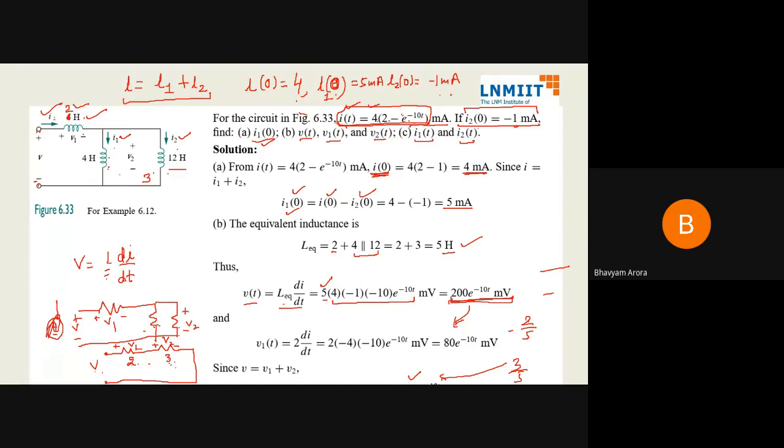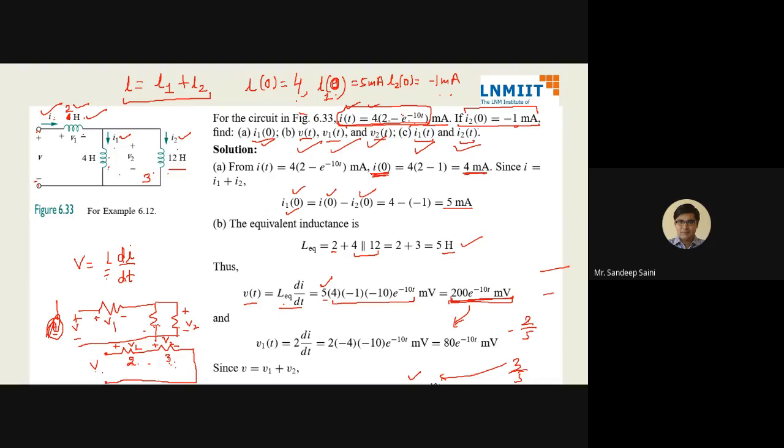Yes, sir. Or the other way of calculating is total current flowing is I, 2 into I in the first one, 3 into I in the second one. Now this is done. What is the equation of I1? What is the equation of I2?